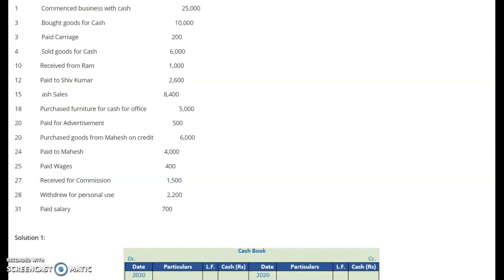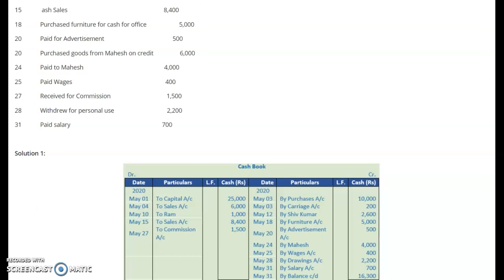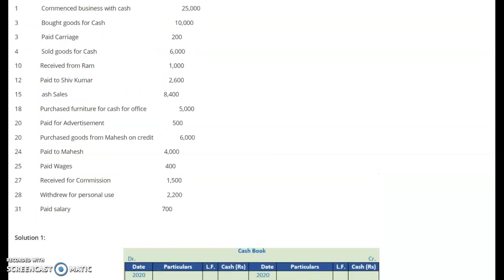No credit transaction, no outstanding transaction should be recorded in this. So you just have to record only the cash transactions. So bought goods for cash 10,000 will be shown on the payment side, By Purchases 10,000. Likewise, we will proceed for all the other transactions. I will continue in my next video with the remaining part of this question.